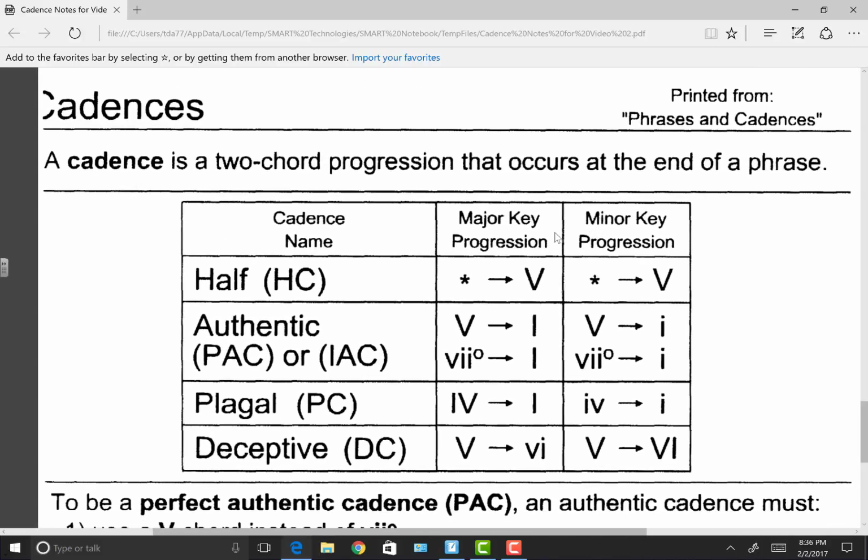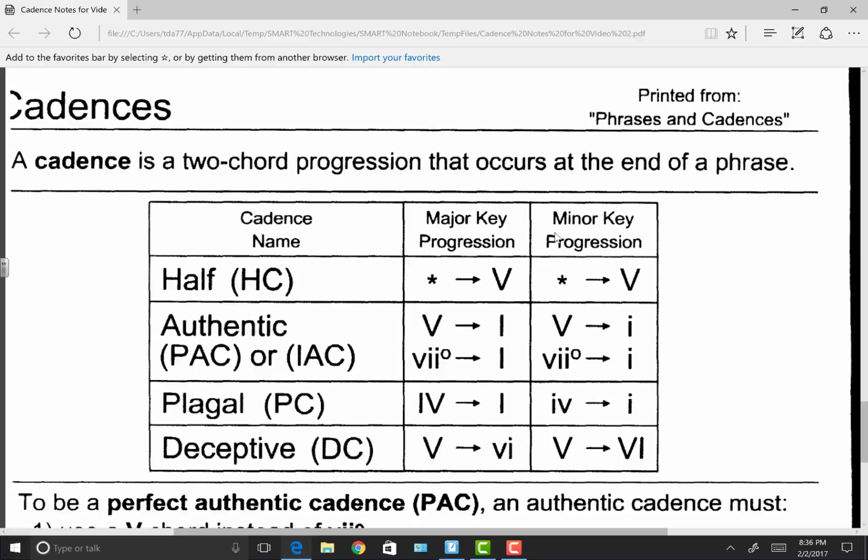Here's another cadence chart that we can just quickly examine. So again, a cadence is a 2-chord progression that occurs at the end of a phrase. Our half cadence for major keys and minor keys will end on a 5. Authentic, 5 to 1 in major or minor.